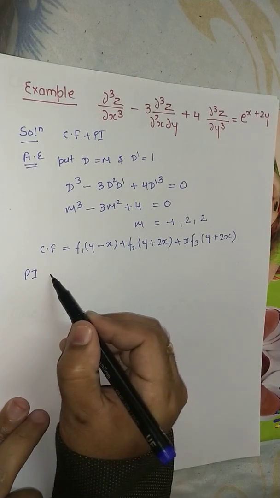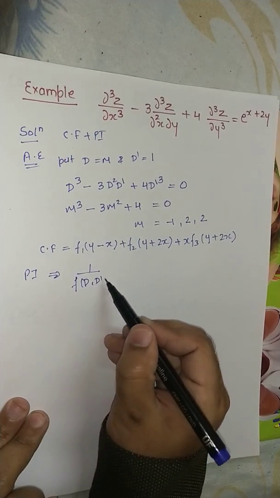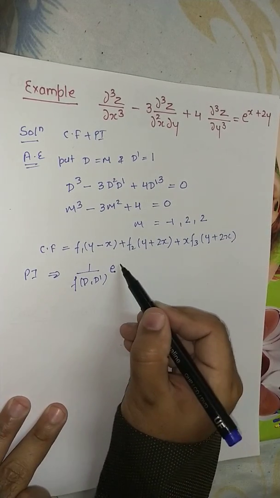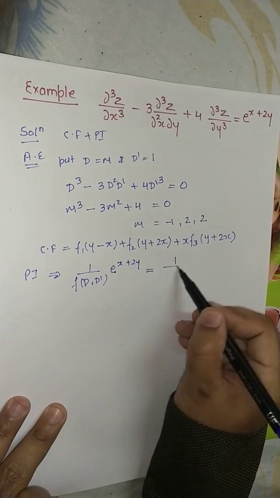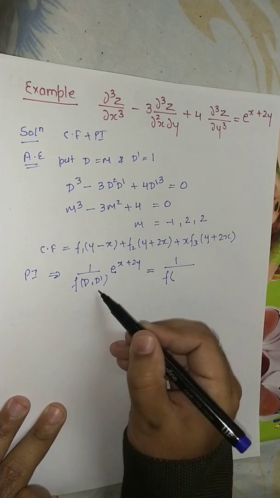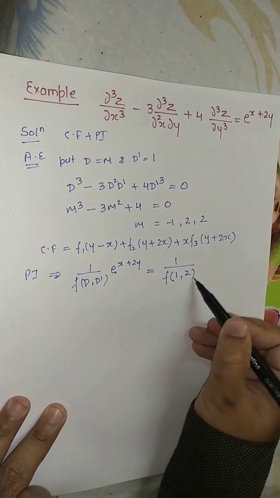For the PI, this 1 upon f(D, D dash) e to the power x plus 2y will be replaced by 1 upon f(a, b) e to the power x plus 2y, where here a is 1 and b is 2.